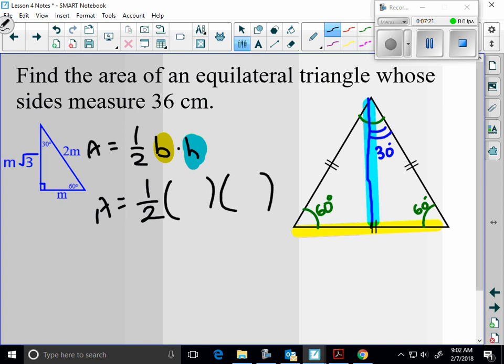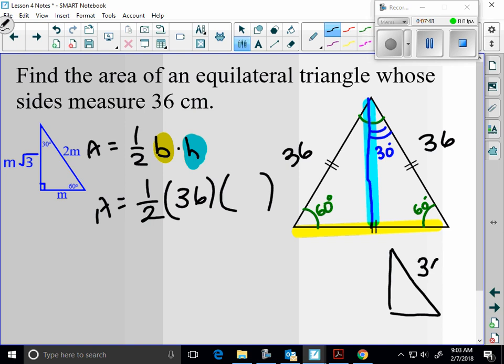Okay, so what do we know about this triangle? The sides measure 36 each, right? So that's 36, that's 36, and guess what? What's the yellow length? 36. So I know the base of my triangle is 36. How would I find the height? Well, let's sketch a little 30, 60, 90 here for a moment.